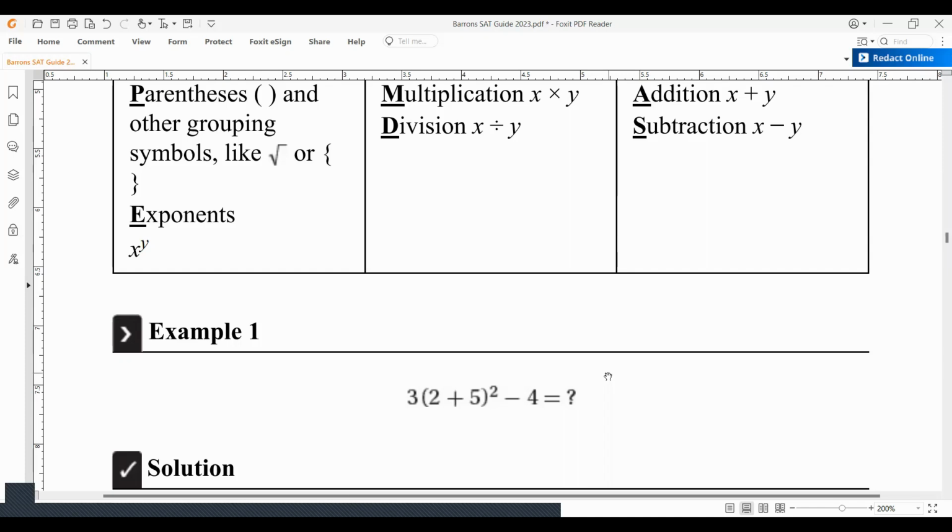To calculate this, we definitely need to know about the operations. We need to know about addition, we need to know about the exponent. We also need to have the knowledge of multiplication and division.